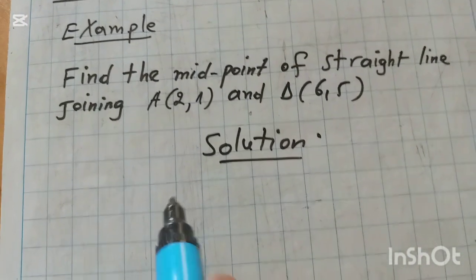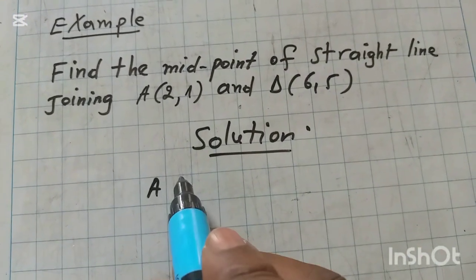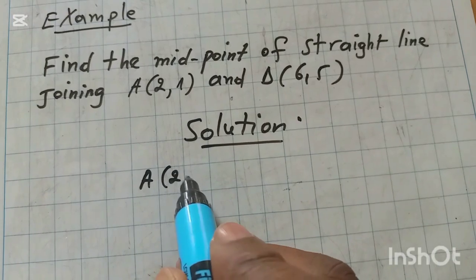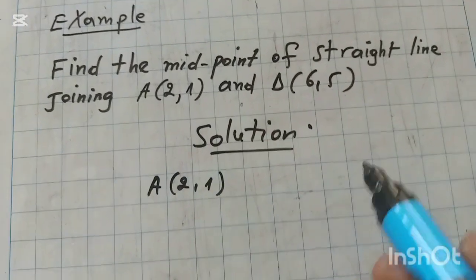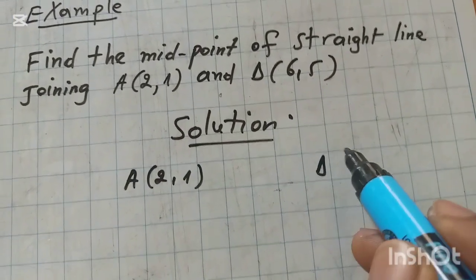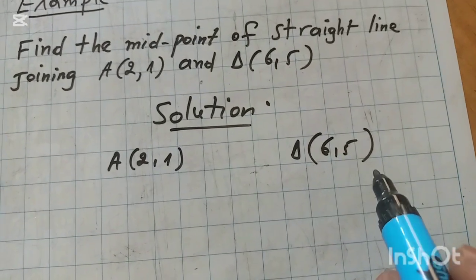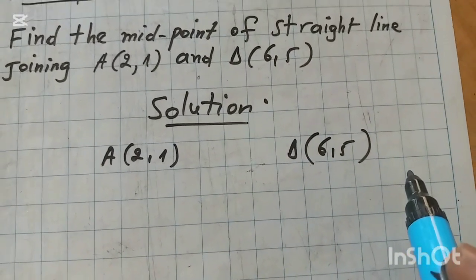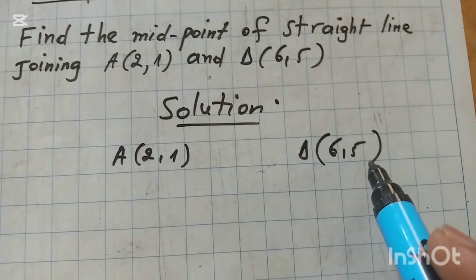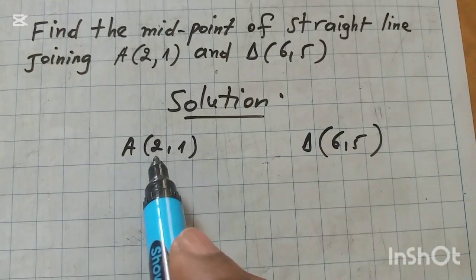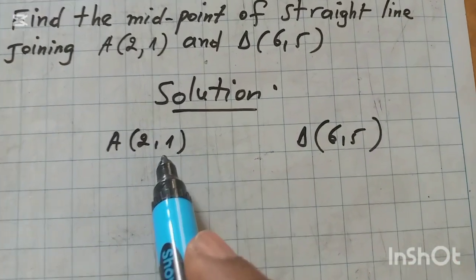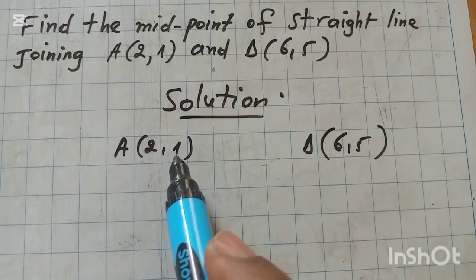you see that here we have a point A, which is 2 and 1. We have another point D, which is having 6 and 5. Yes, you can take one of these points as the starting point, but you see here I have 2 and 1. This is the starting point, right?